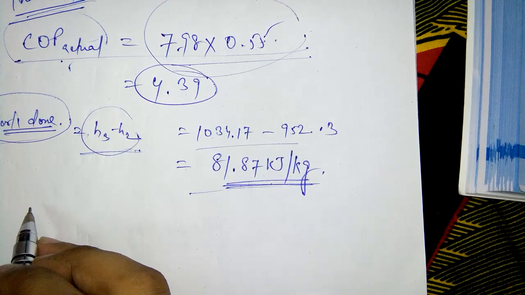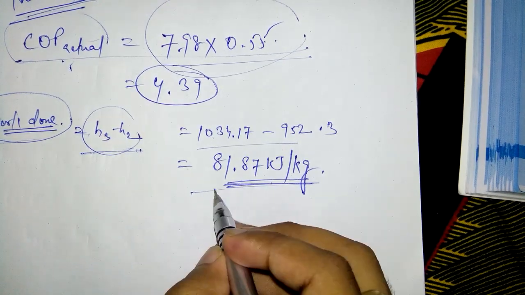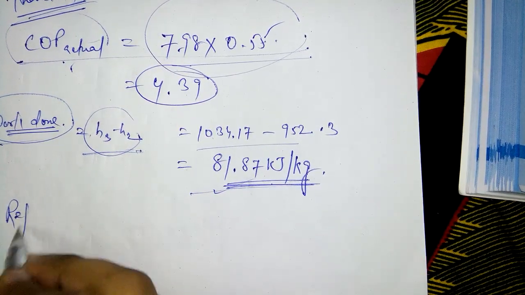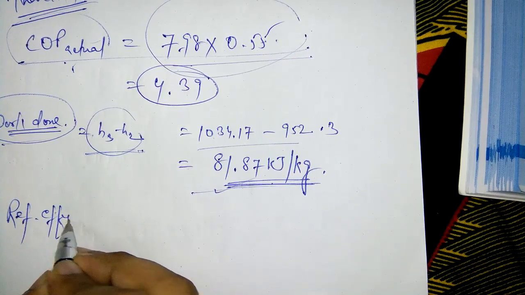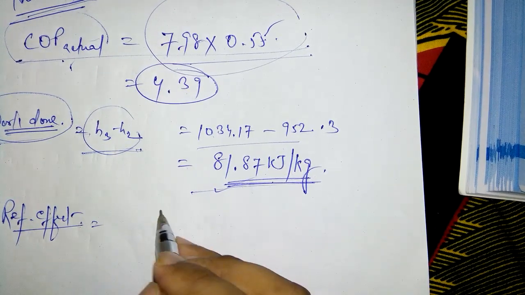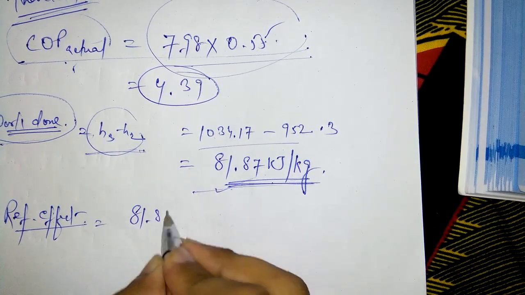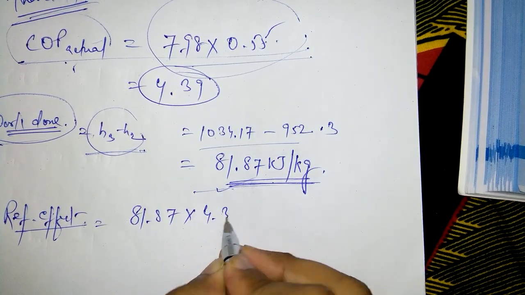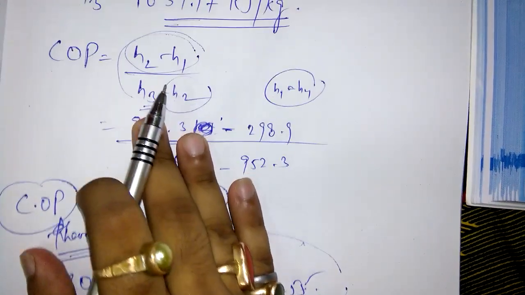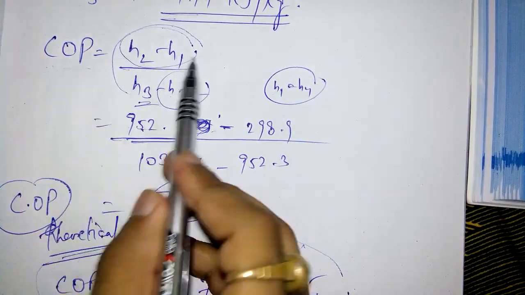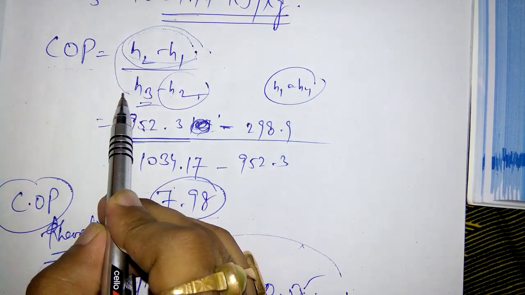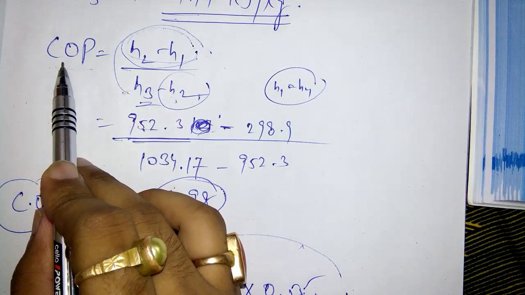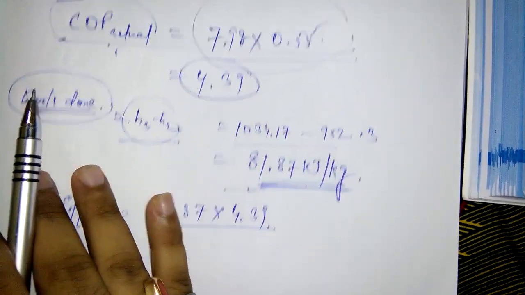No problem. So what will be my refrigeration effect? It is the work done, 81.87, times the actual COP, 4.39, because I have told you repeatedly that COP is refrigeration effect divided by work done. So work done multiplied with COP gives the refrigeration effect.